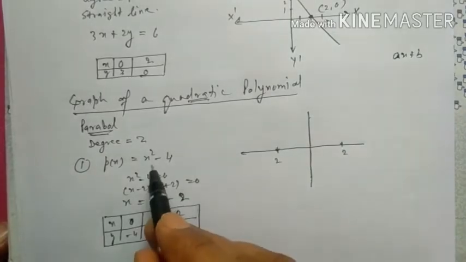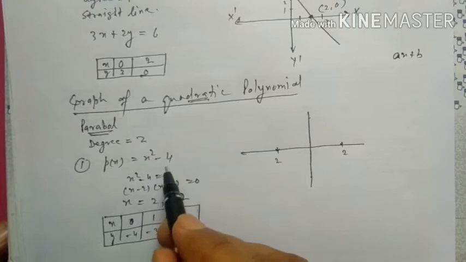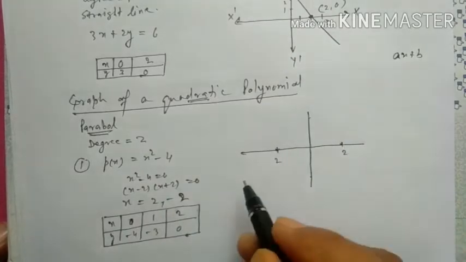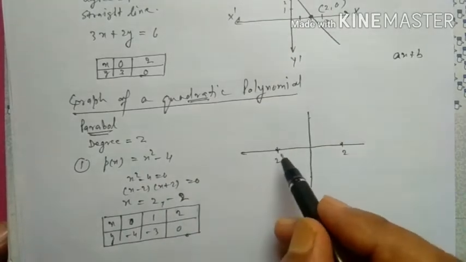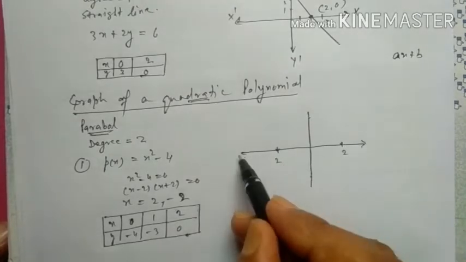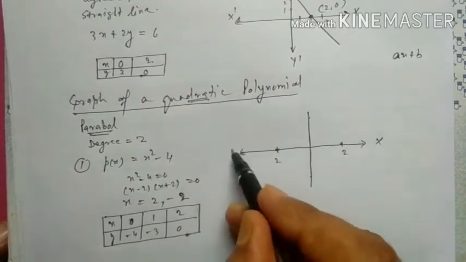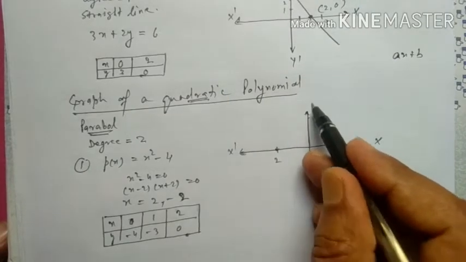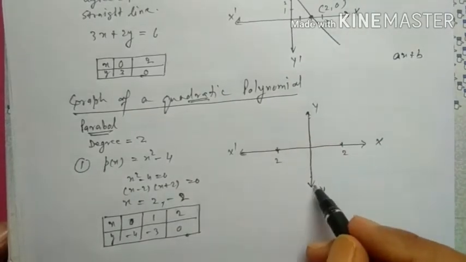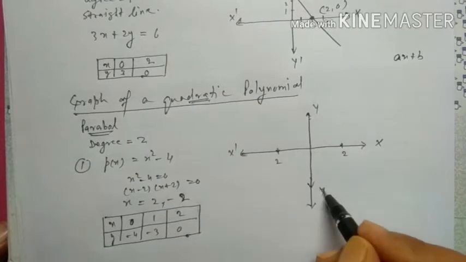This is a quadratic polynomial, its degree is 2, so there will be 2 zeros, and the graph will cut the x-axis at 2 points. This is x dash, this is y dash.